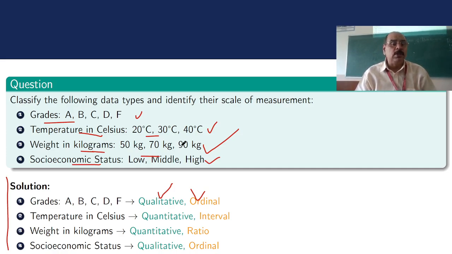The numbers with these things will be quantitative. Quantity means numbers. Okay. So weight, the best way, ratio, ordinal. Representing in terms of scales.